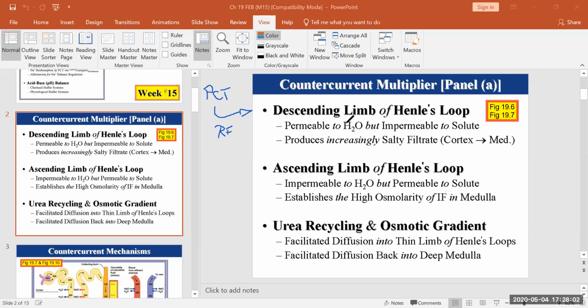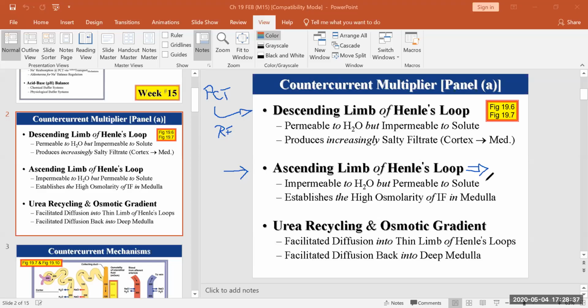And as you go back up in the ascending limb, it is the opposite. Now water is no longer able to leave. Water is stuck inside the ascending limb of the loop of Henle. But what is important at the ascending limb is there's an active transport mechanism requiring energy. This is the part that contributes to creating that osmolarity.